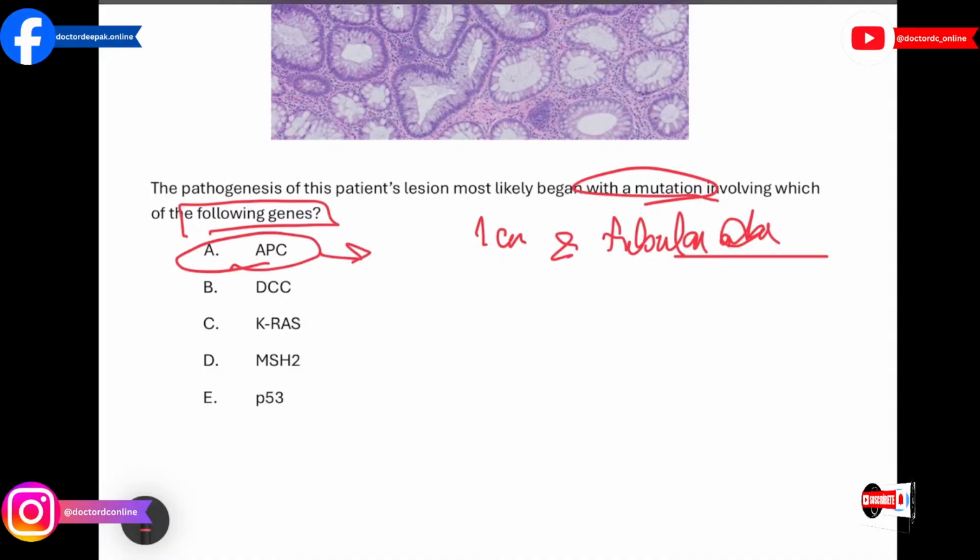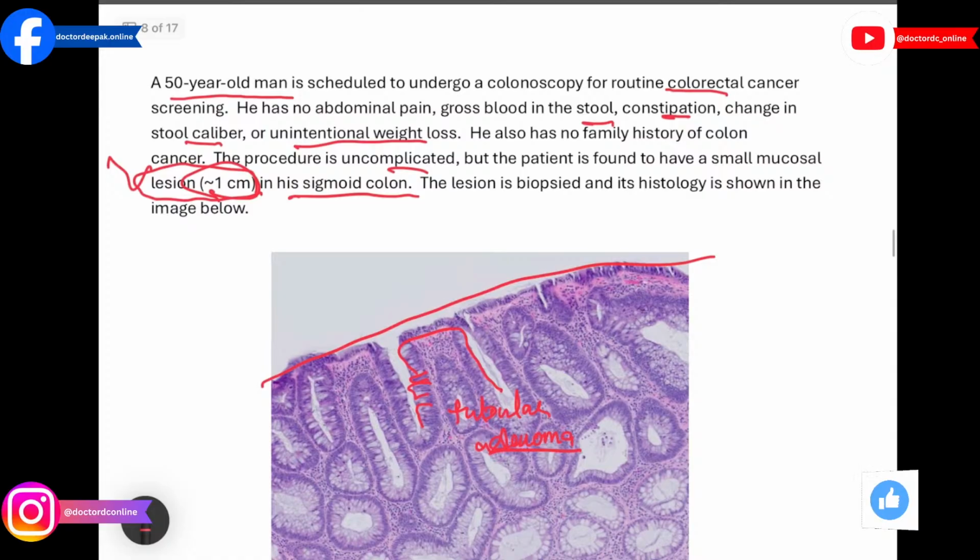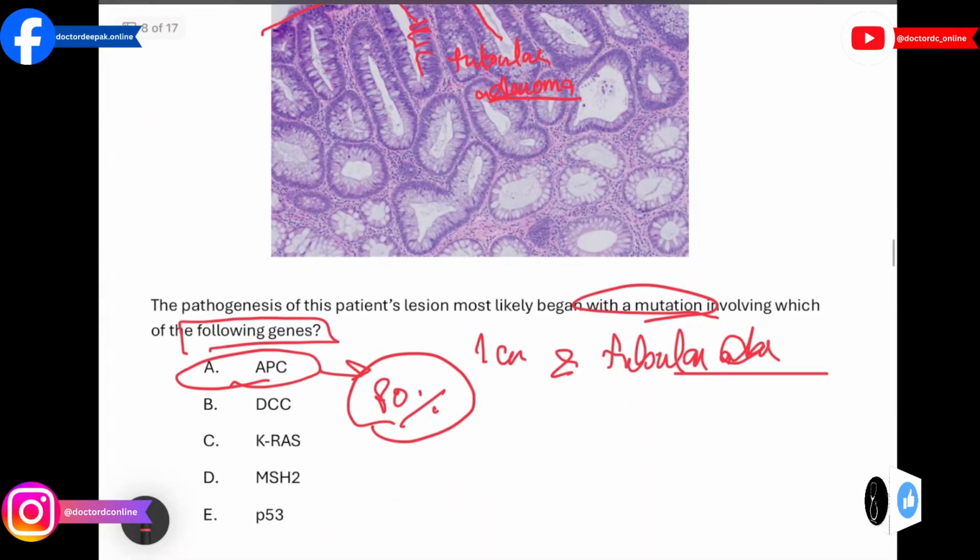As we discussed in the last lecture, APC is responsible for 80% of cases of colorectal cancers. The first mutation in this pathway usually involves the APC tumor suppressor gene, which is responsible for regulating cell growth. And secondly, the mutations of KRAS, DCC, meaning deleted in colon cancer, and P53 come later. Okay, they are asking which most likely begins with the mutation.